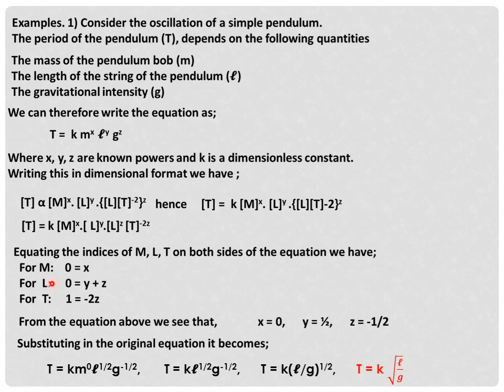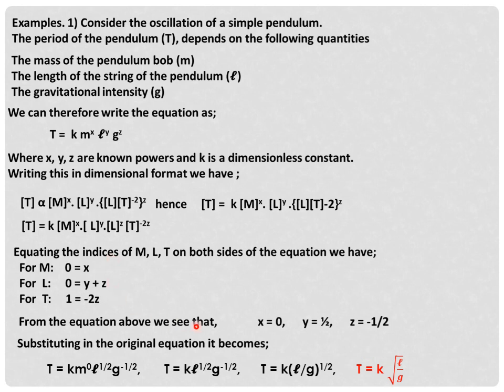On the left-hand side of this equation, there is no L, so its power is 0. On the right-hand side, there is L raised to the power y and L raised to the power z, so we add y plus z equal to 0. And on the left-hand side, we have T raised to the power 1. That is why we have 1 equal to T raised to the power minus 2z, because we are equating indices.